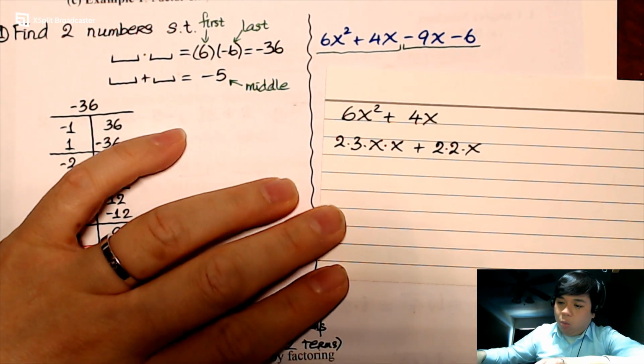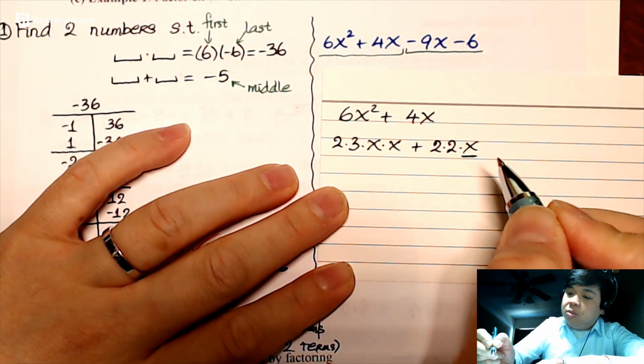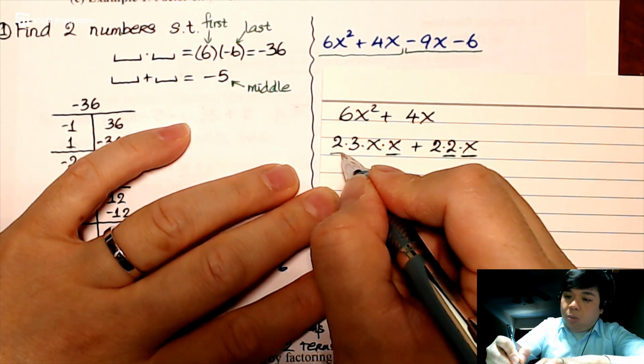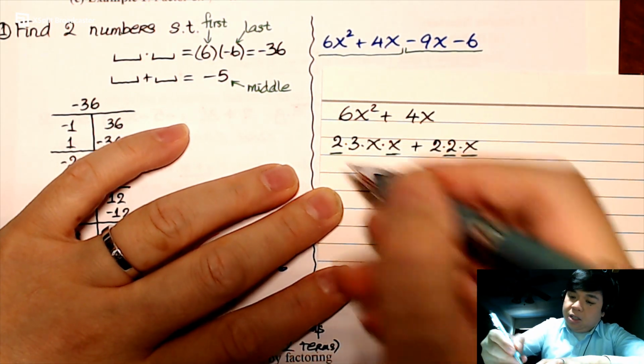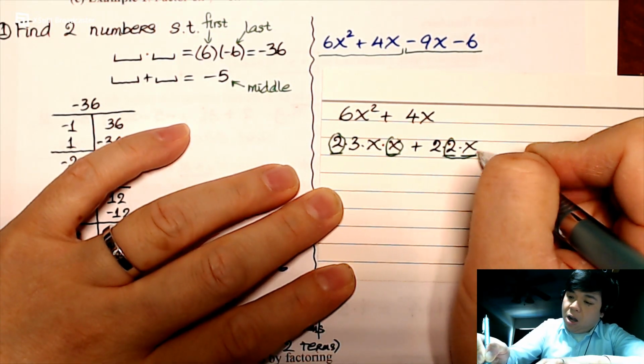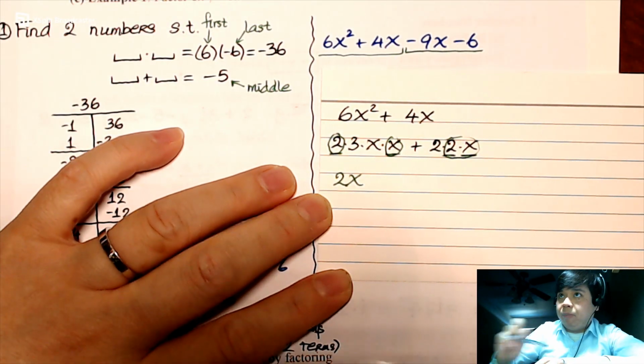And now we look at what do they have in common. Okay, we see that there's an x on both of them. There's a 2 on both of them. So in that case, we say there's a 2 and an x that are common. And now we write the common factor out, 2x.